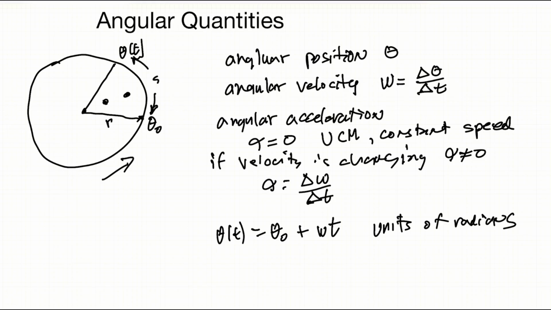You're covering the same angle per unit time, but your actual displacement there is going to be greater than here because you're further out, your r is larger. And that goes back to S is equal to r theta. So the farther you're out on the wheel, the faster you're moving, your displacement is changing more rapidly.